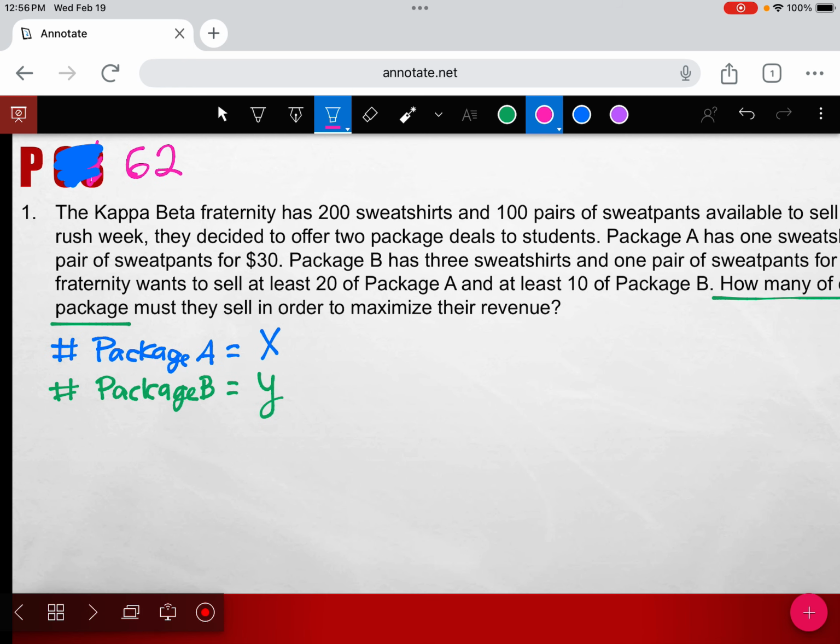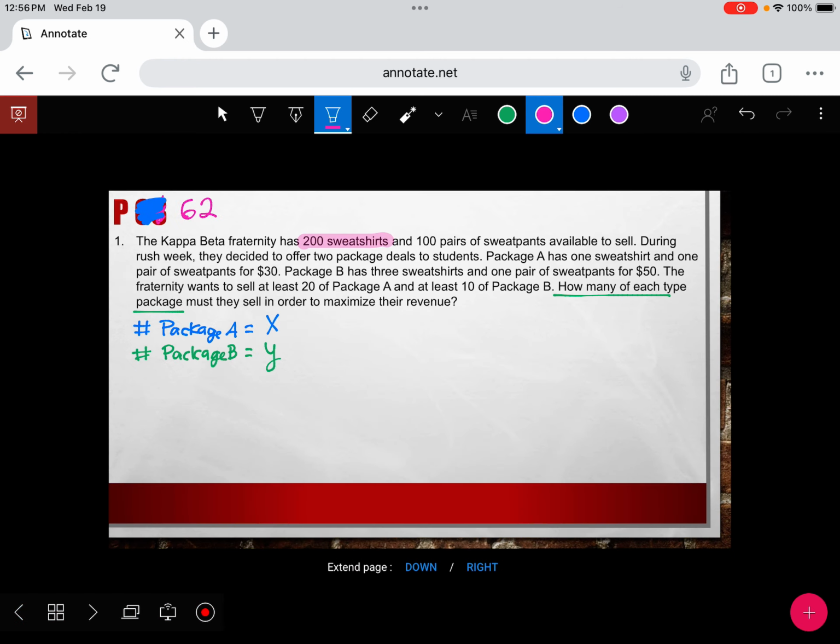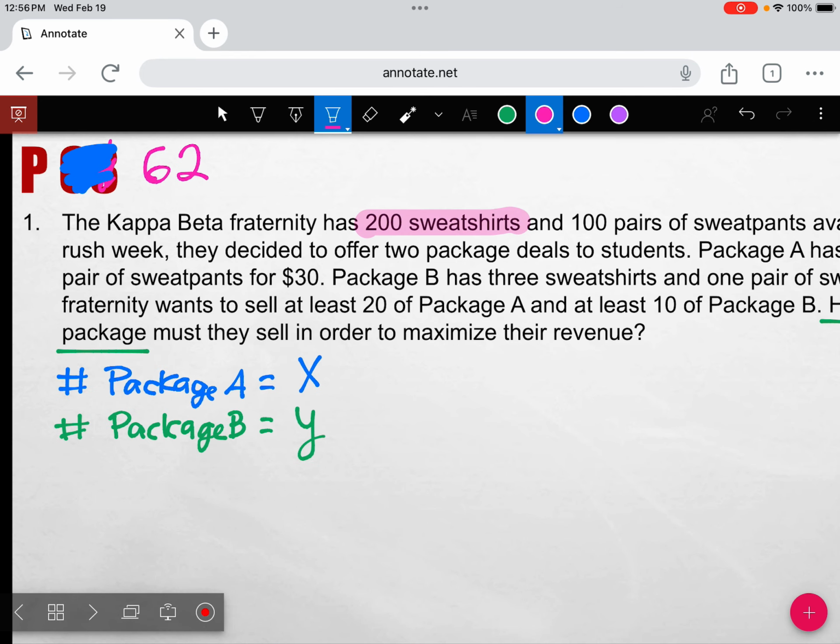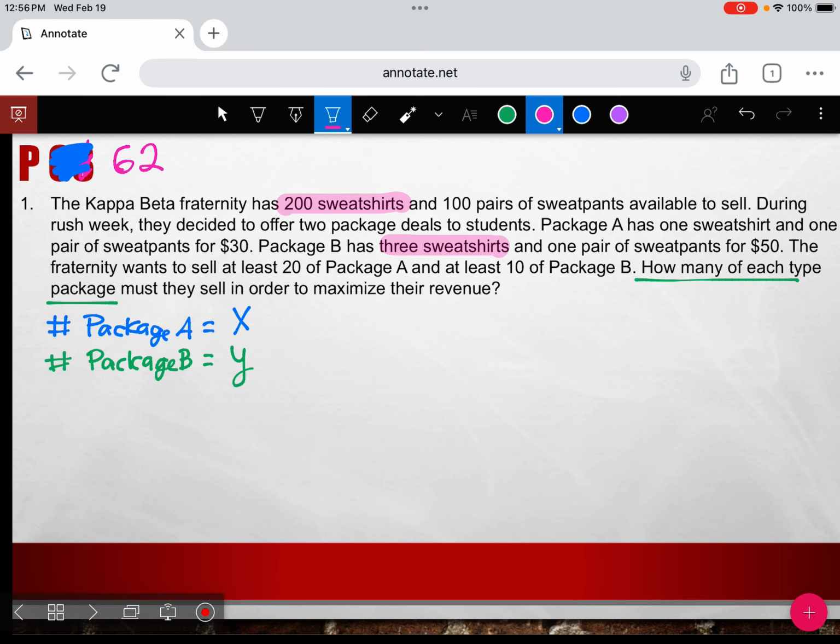We definitely know we have more than one of those. Do we have information about sweatshirts? Yeah, we have 100 sweatshirts, and we know that package B is looking at 3 sweatshirts. Package A has 1 sweatshirt. So if I know package A has 1, package B has 3, and we have a total of 200 available in the warehouse.